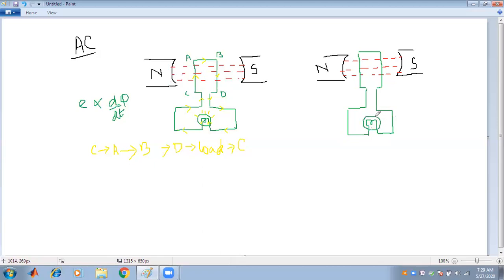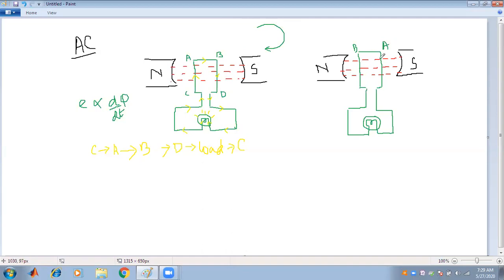Now, as the conductor rotates, the position will be changed. Now this position will be B. The conductor is rotating in this direction. If the conductor doesn't rotate, it will not be able to cut the flux and it will not be able to generate the voltage according to Faraday's law of electromagnetic induction.